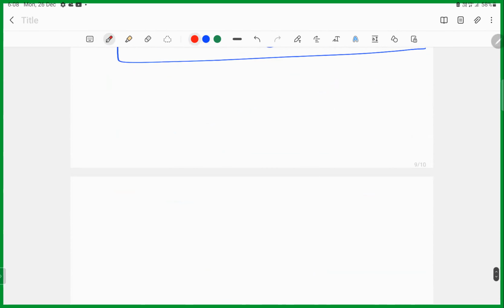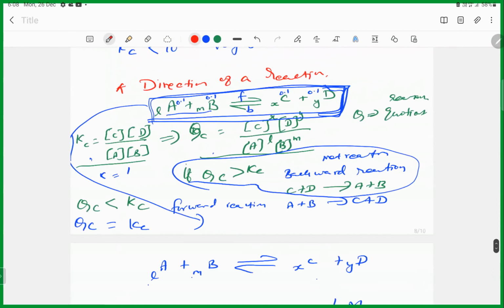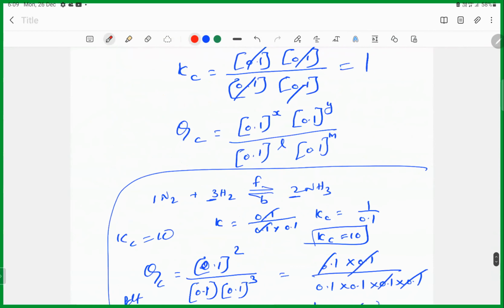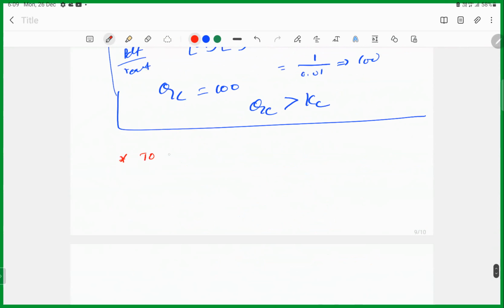The third point, to calculate equilibrium constant. Okay, so now we'll see how it will help us.